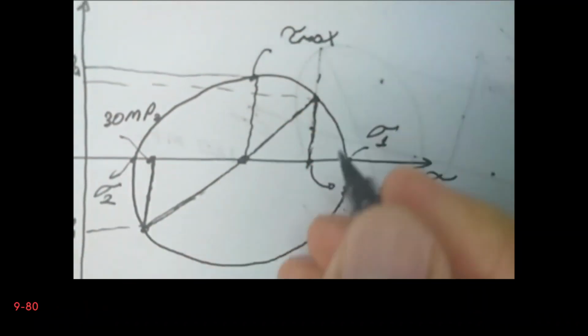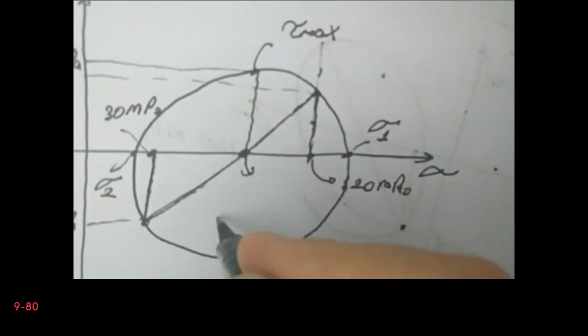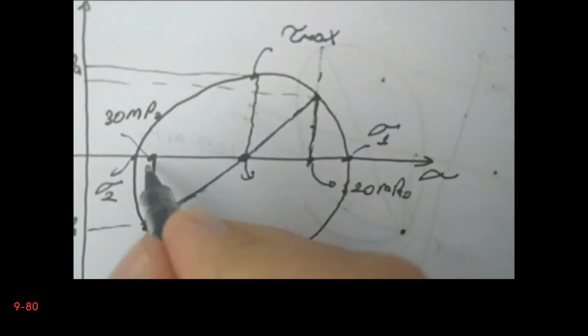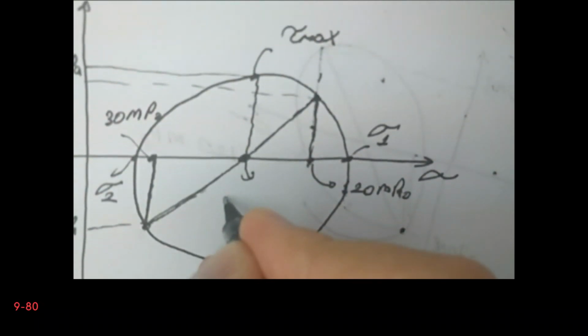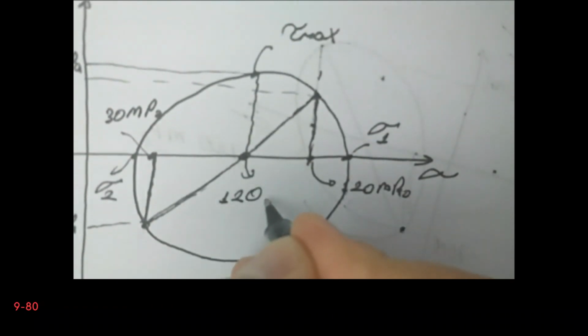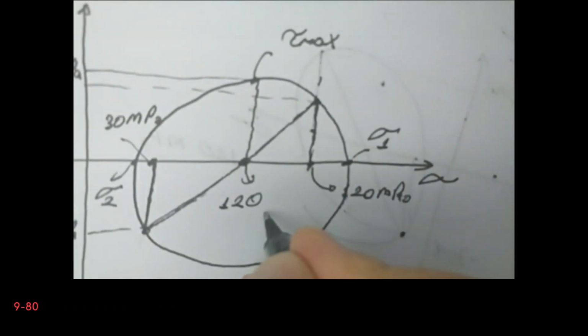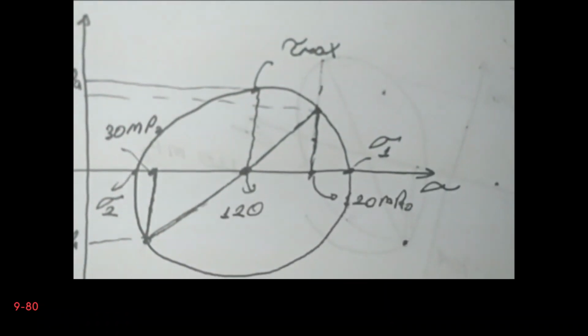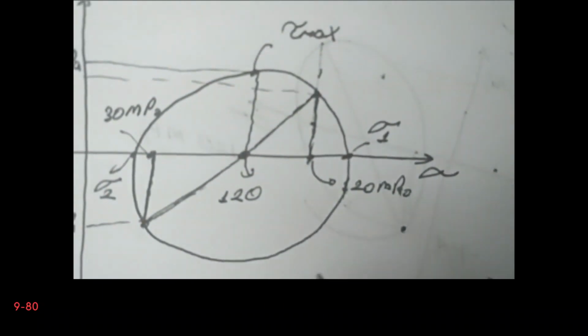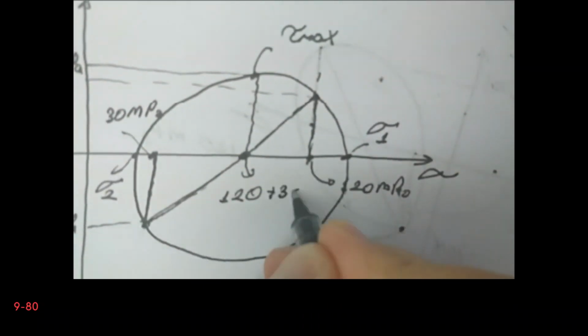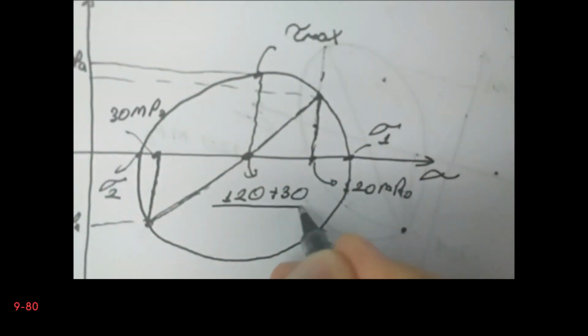Now, in fact, this coordinate has the mean of this point and this point. Therefore, from geometry, I can easily calculate the location of this point. This is 120 plus 30 divided by 2, or in other words, this is 75.